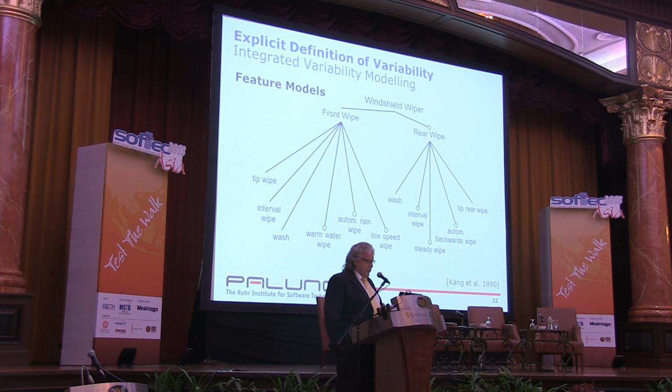We have a front wiper, and then there is this differentiation of a feature into, call it sub-features, and there are filled bubbles and empty bubbles. A bubble, so a circle which is not filled, means that this is an optional thing. So for example, on the right upper side, you see the rear wipe, and the rear wipe has this small empty circle, which means this is optional. Why is a rear wipe optional? Well, of course, not every car has a rear wipe, but every car has a front wipe.